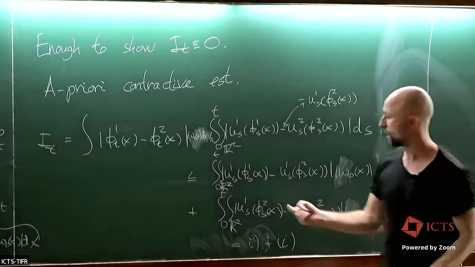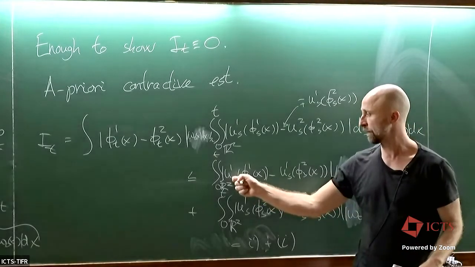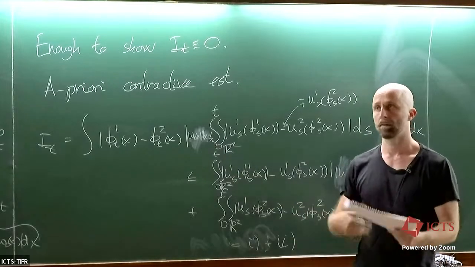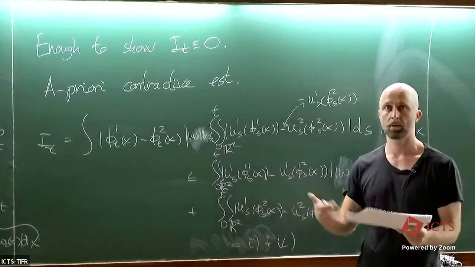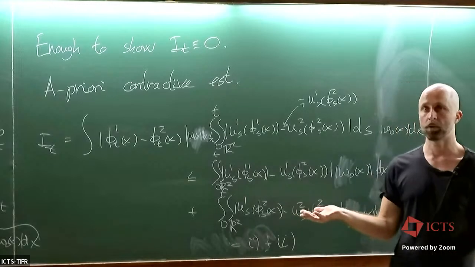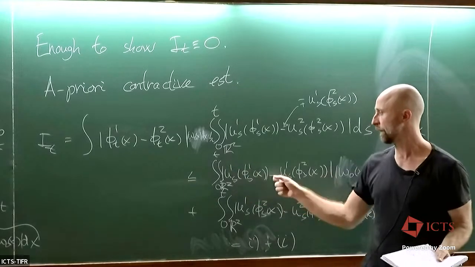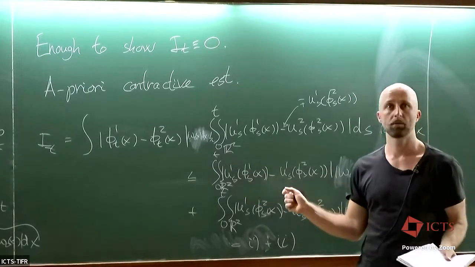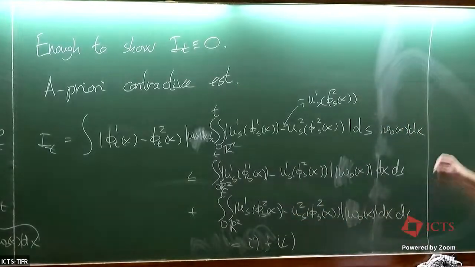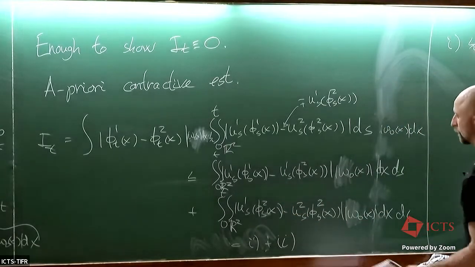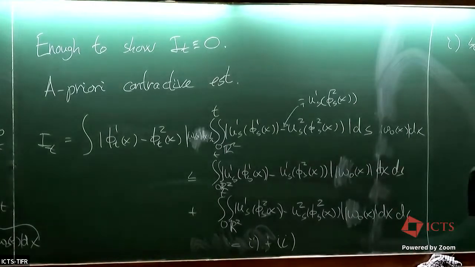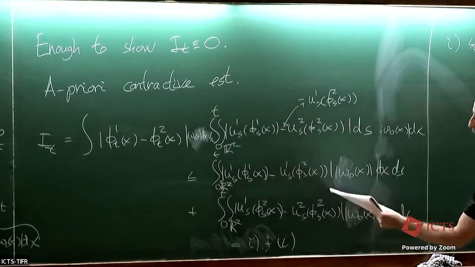Good, but now we know that U1 is the convolution of K with something which sits in L1, L infinity. So we know that U1 is Osgood regular. So we can write this as being bounded by the integral from 0 to t.